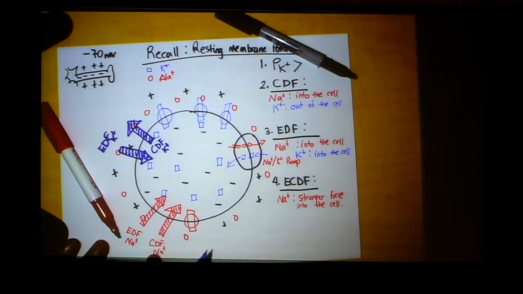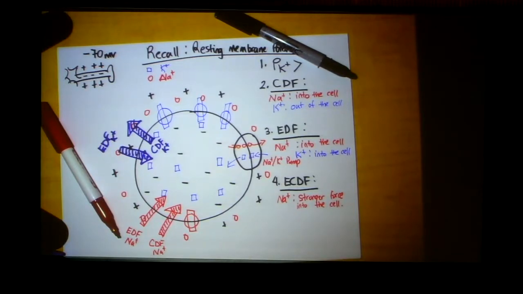Okay, with potassium, it's different because we have forces in opposite directions. So what's going to happen with combining these 2 forces? Very simple, right? We'll subtract the weaker force from the stronger force.